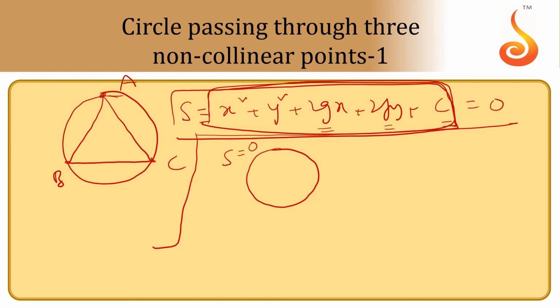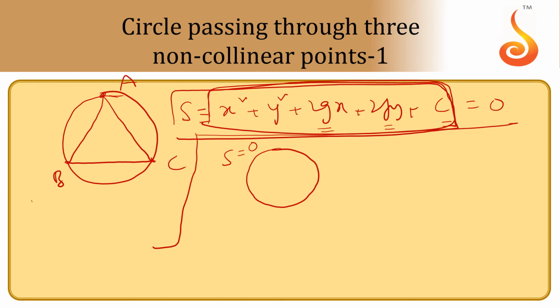S12 means two points will be given, x1, y1 and x2, y2. In S1 substituting x2, y2, or in S2 substituting x1, y1, you will get S12, which is also a number, which we calculate by taking the two points as x1 x2 plus y1 y2 plus g into x1 plus x2 plus f into y1 plus y2 plus c.